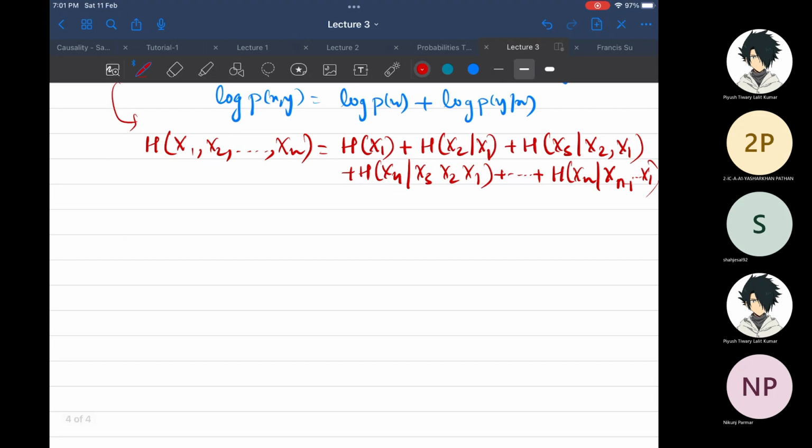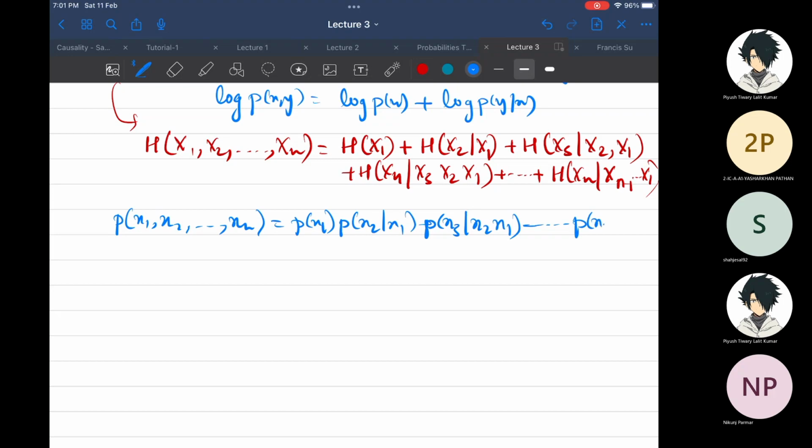Again, this whole thing seems like a very big formula, but nonetheless, think of Bayes rule. What was Bayes rule? P of x1, x2 till xn was P of x1, multiplied by P of x2 given x1, P of x3 given x2 comma x1, till multiplication of P of xn given x1 to x n minus 1.